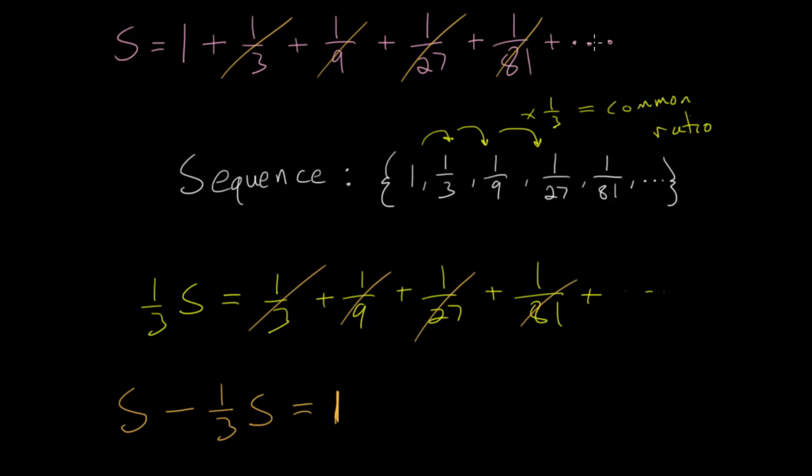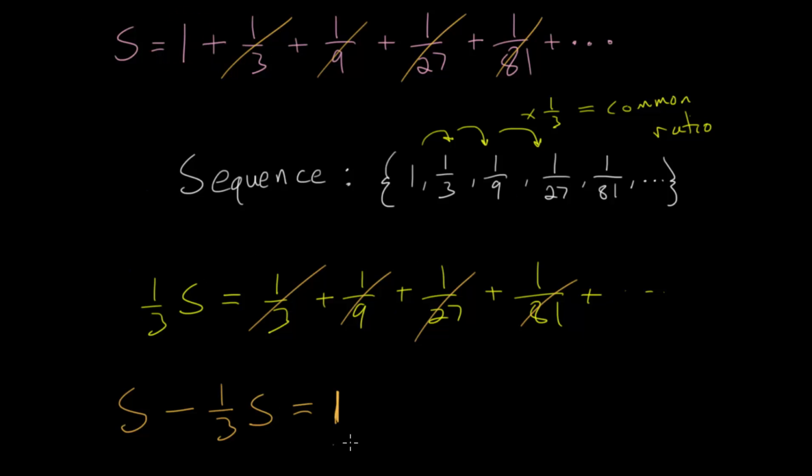And you can imagine this goes on forever. The next one would be 1/243, and we would be subtracting 1/243. And so every term is going to cancel out when we subtract this yellow one from the pink one, except for 1 here. This will remain since there wasn't a like term in this yellow infinite geometric series.